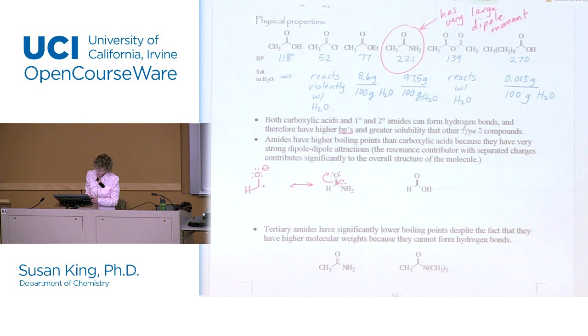So this is formamide, and then we have formic acid. And then let's compare that. We'll put brackets around that. Let's compare that with the carboxylic acid.